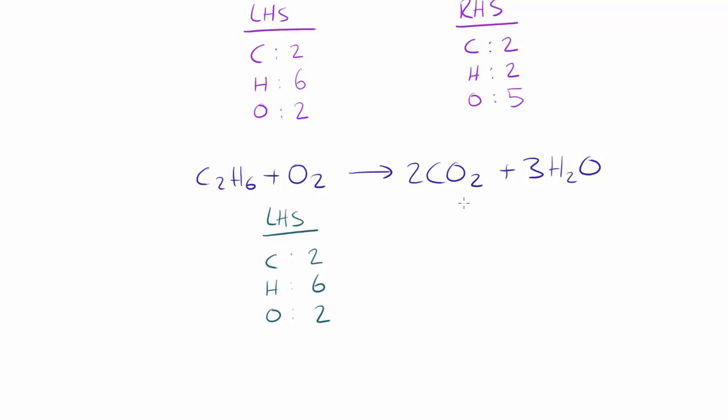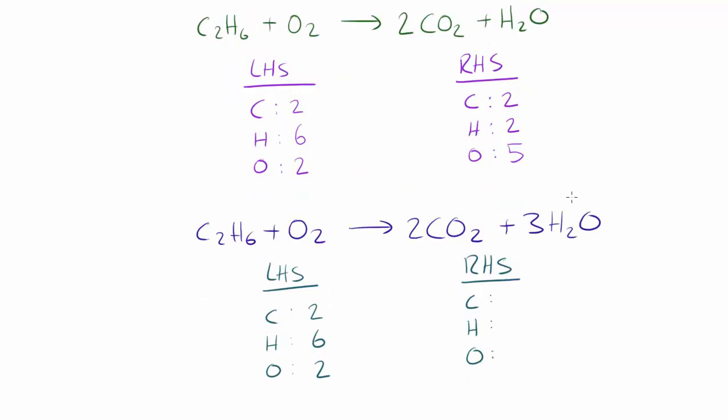And for the right hand side, it is going to change, right? So on the right hand side, C, H, O. So for carbon, we've put our 2 in front of the CO₂, but this is basically the same.